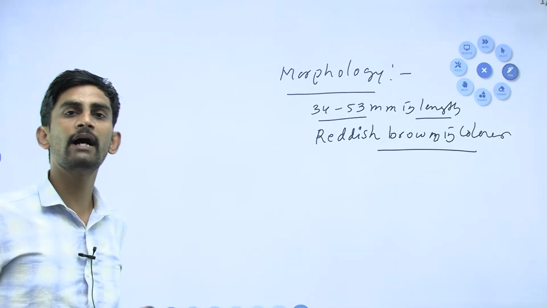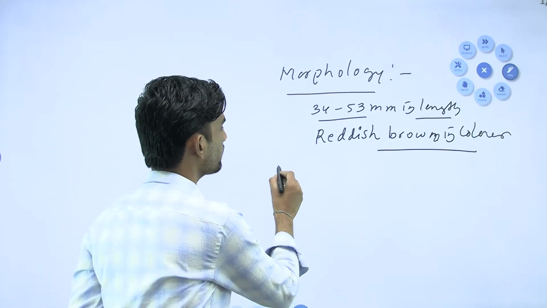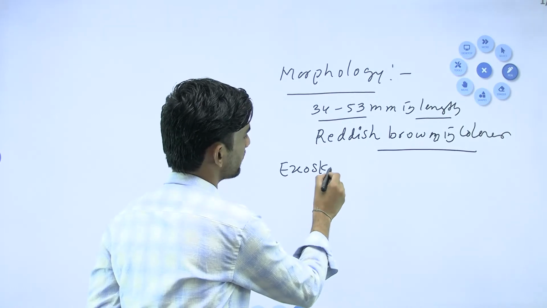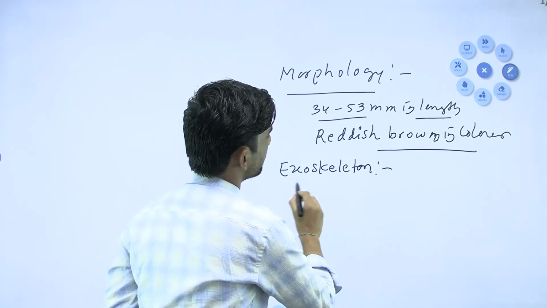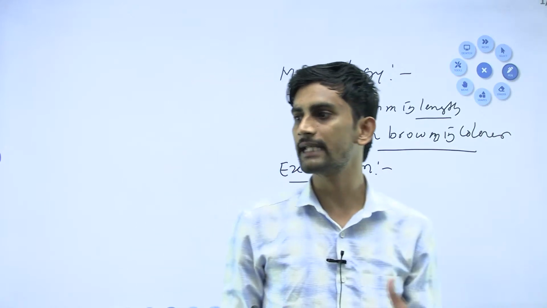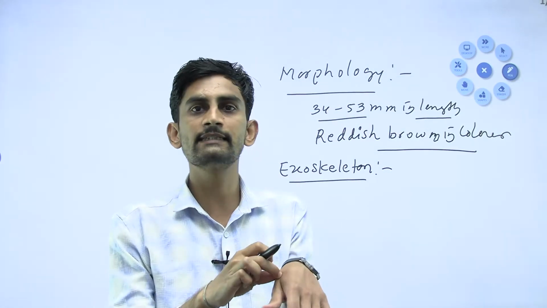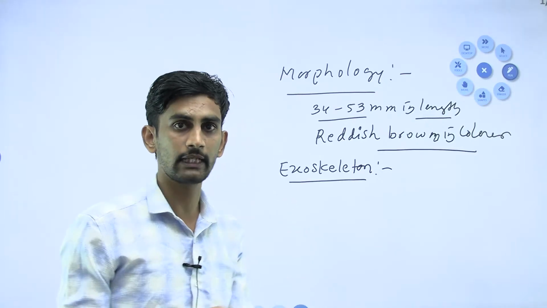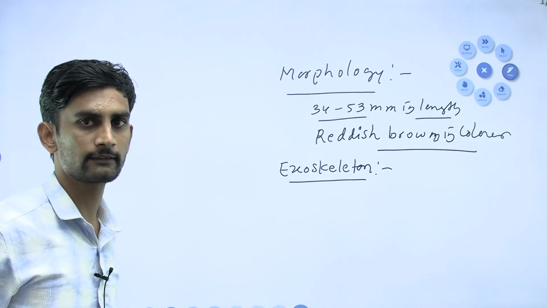Then followed by another very important thing you should remember: the exoskeleton on their body. Exoskeleton means the external structure, as skin is in humans. In a similar way, cockroaches also have an exoskeletal structure.